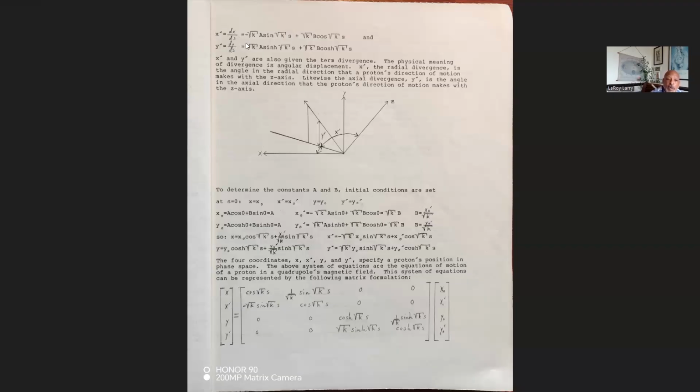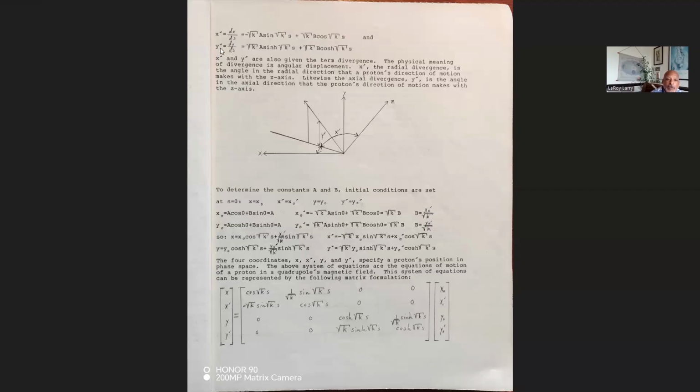These are differential equations. X prime is equal to the derivative, the change of the proton's position in the X direction with respect to its distance along the quadrupole magnet, okay? And then you got some trigonometry going on.